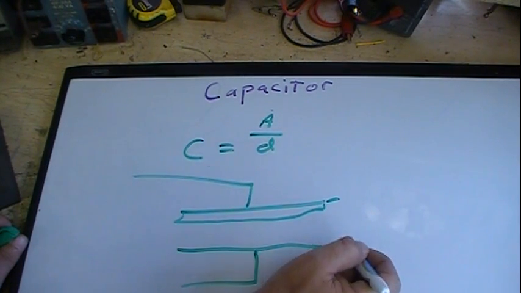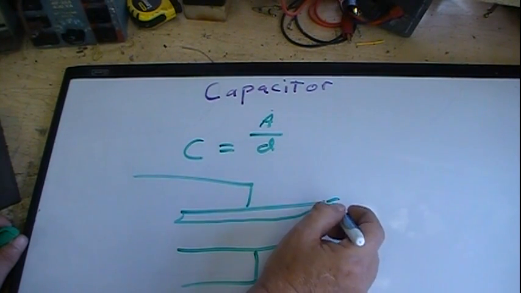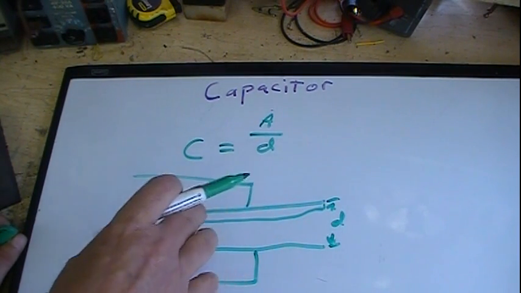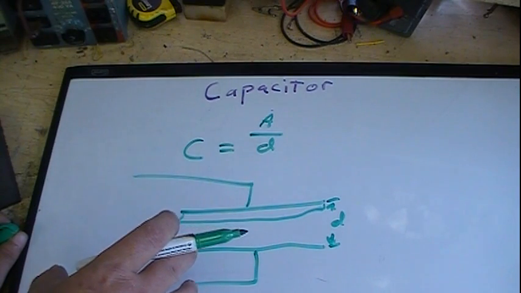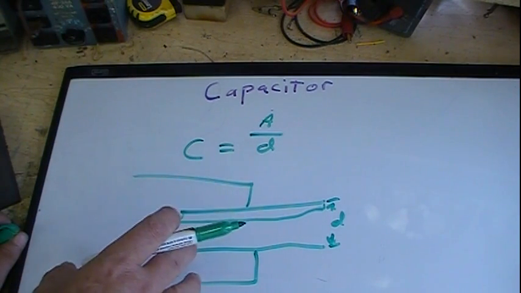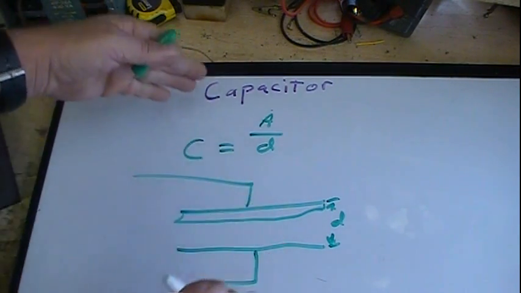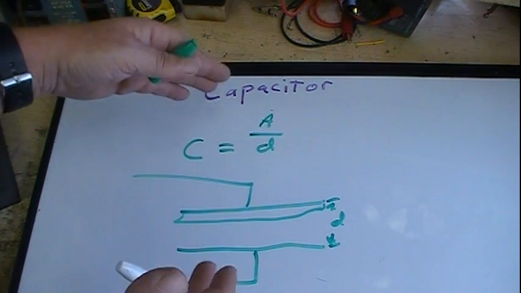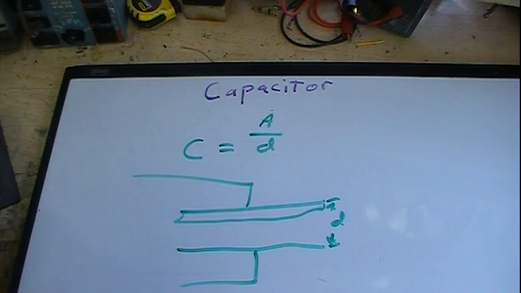But also the distance here. The closer the plates are, the more they can influence each other, which means the more charge I can put on. The further they're spread apart, the less they influence each other, the less charge I can put on.